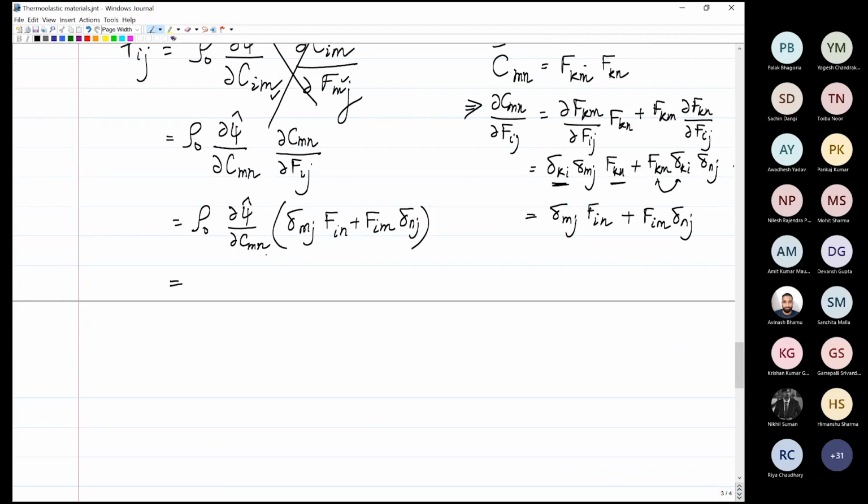And furthermore, you have this M appearing here and this N is here. So this is then going to become rho naught del psi hat over del C Jn. Okay, I should write it below.